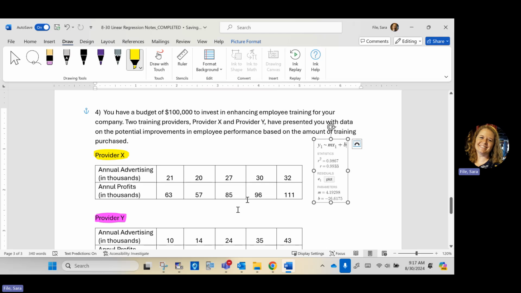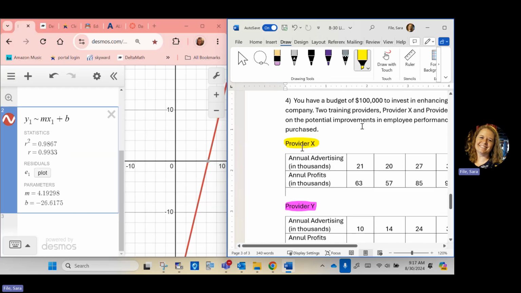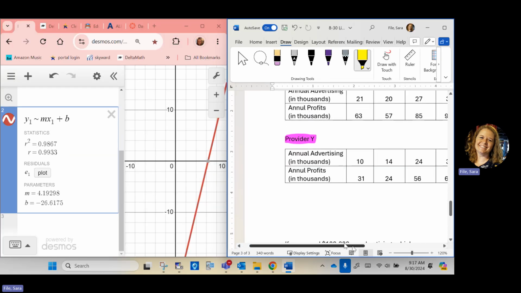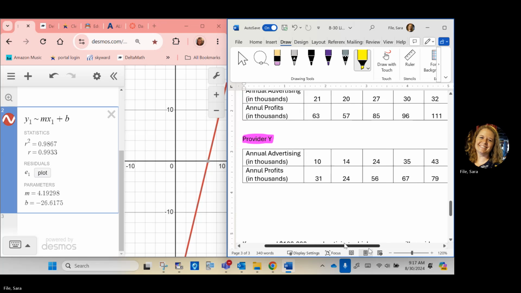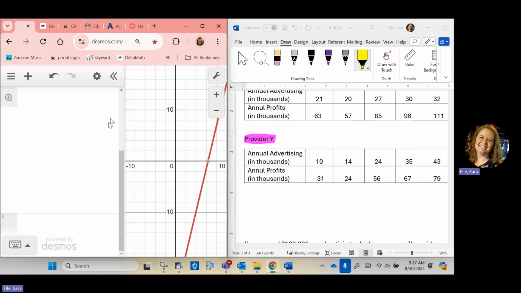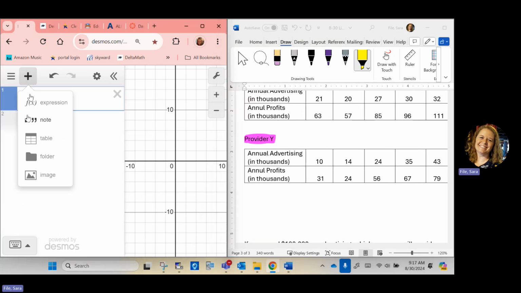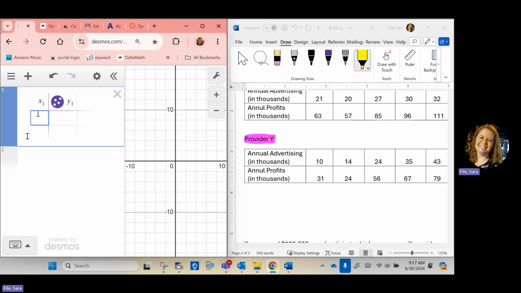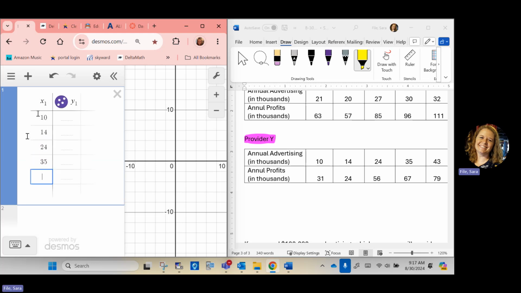Okay, and now we're going to do the same thing and get provider Y's data entered. So I'm going to clear this out, start fresh. We've got 10, 14, 24, 35, and 43.